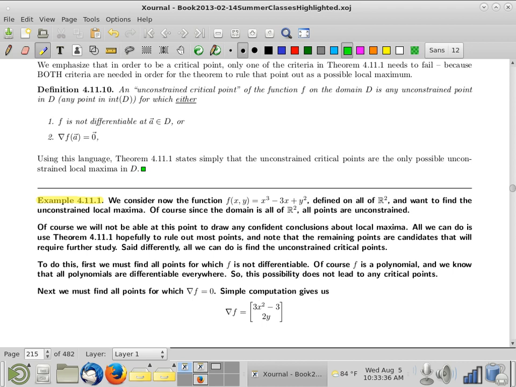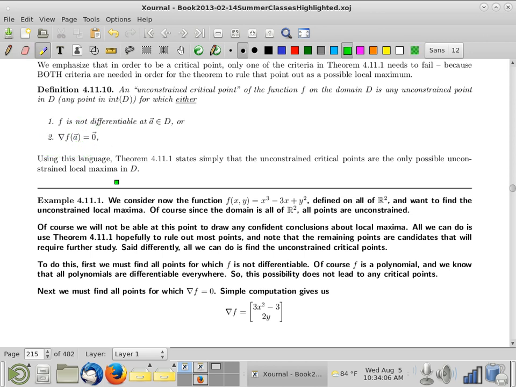Okay, so most of the time your function will be differentiable, and this won't be a problem. Like, look at this example here. That function, it's a polynomial. Polynomials are always differentiable. So condition number one, no problem. So most of the time, what you're going to be doing is taking the gradient of the function and setting it equal to zero.